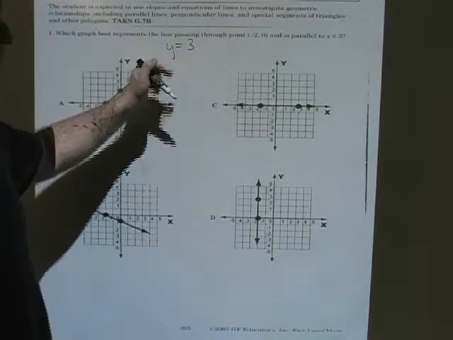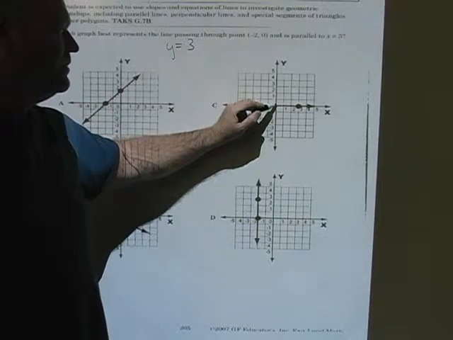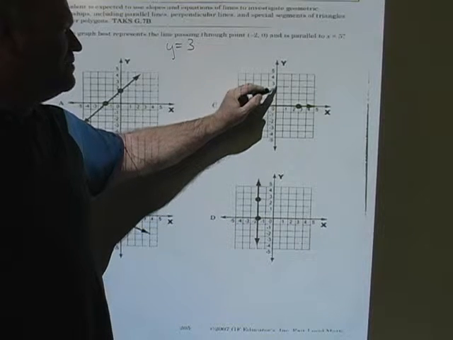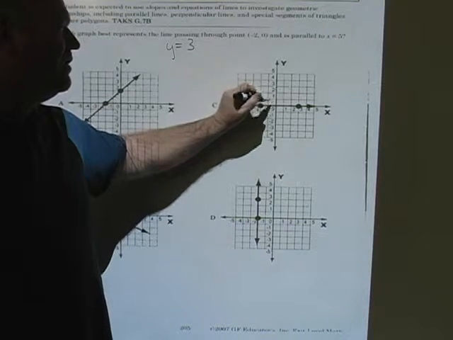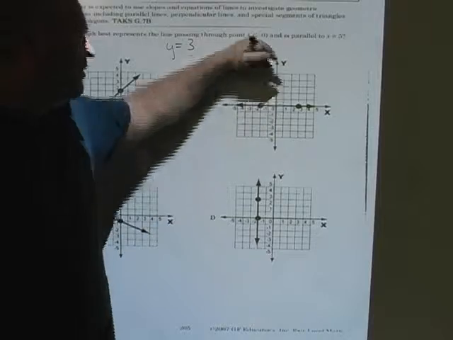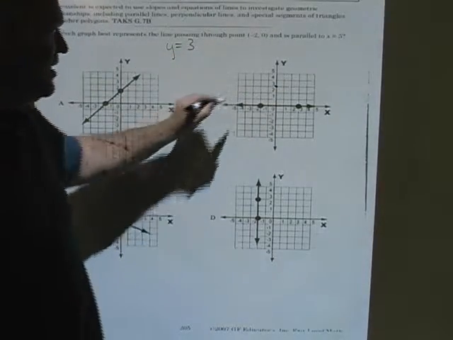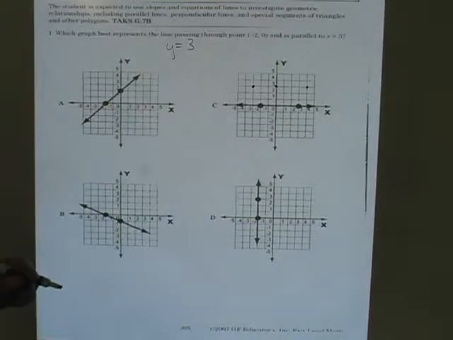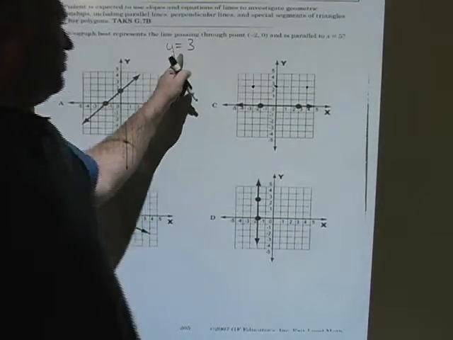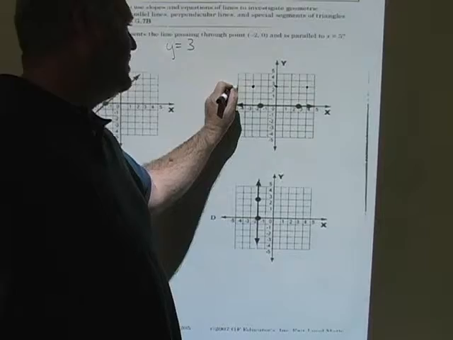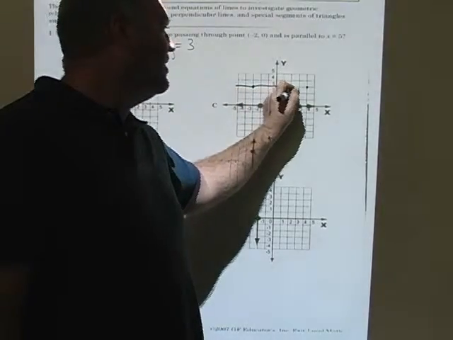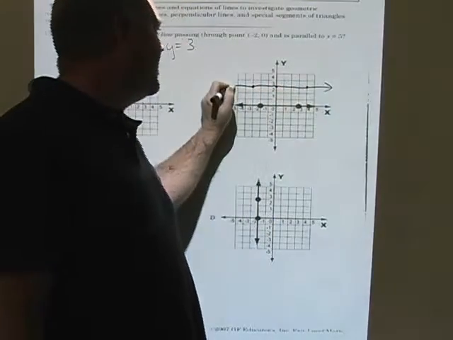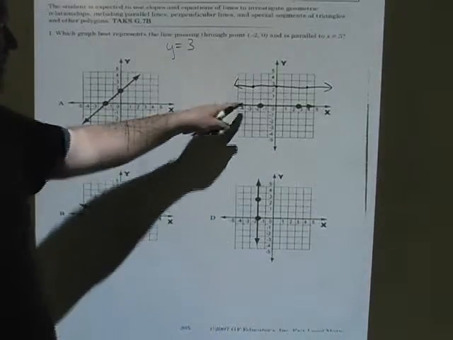Because when y equals 3, go up to 3 right here. Y equals 3 right there. It also equals 3 right here and right here, doesn't it? So the line y equals 3 is a horizontal line. Okay? And it would be parallel to this one.